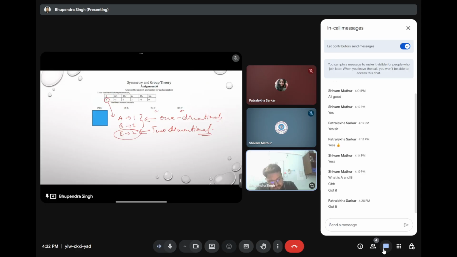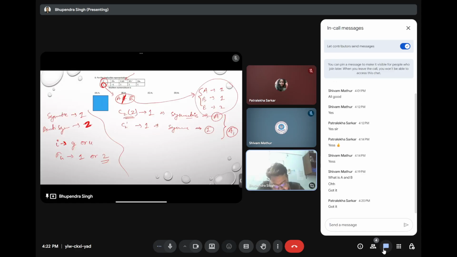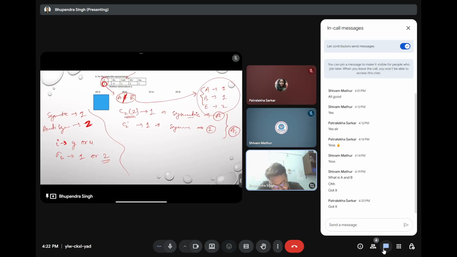So as I can see, here we have taken this C2 and C2 dash, because this was our principal axis of symmetry. This C2 Z, principal axis of symmetry.